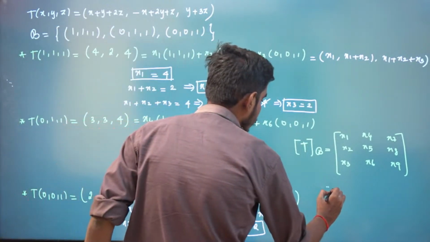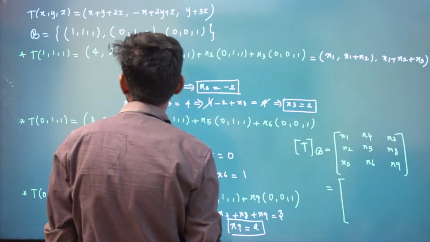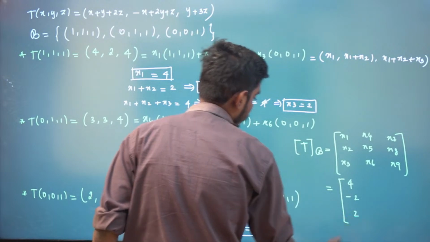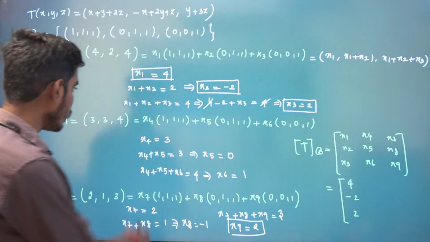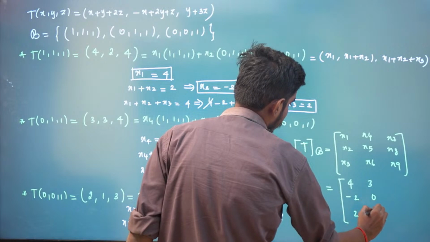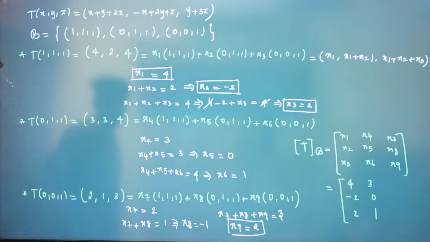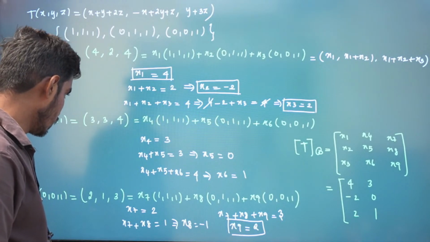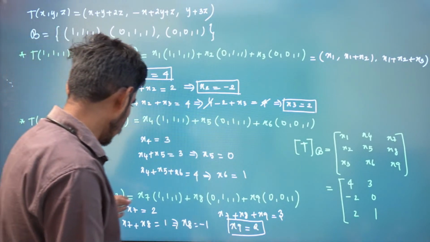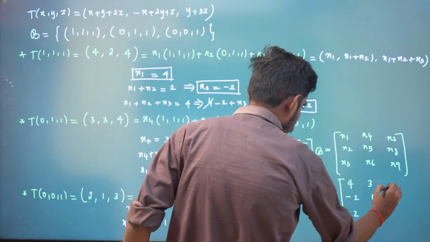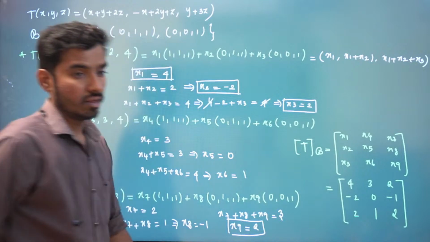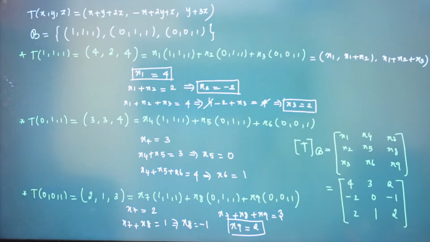So that means the matrix of T with respect to this basis is given by 4, minus 2, 2; 3, 0, 1; 2, minus 1, 2. So this is the matrix of T with respect to that basis. Is this clear? Can we move on to the next problem?